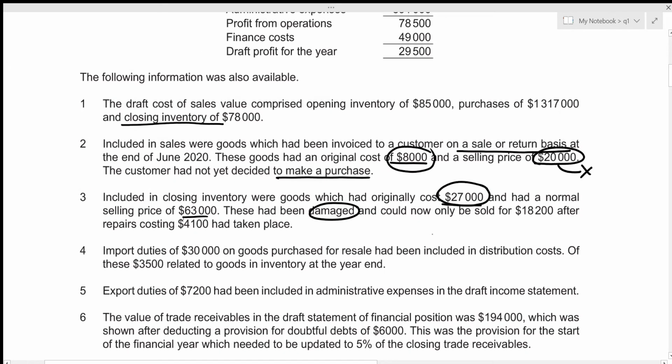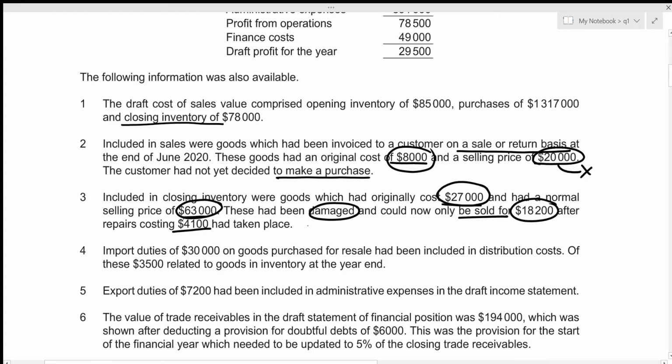They can now only be sold. So it can be sold, but only for 18,200, whereas previously its selling price was 63,000, after repairs costing 4,100 had taken place. So whenever we're talking about damaged goods which could be sold again after repairs, its value should definitely be included because this is a good which can be sold, but its cost has obviously been altered.